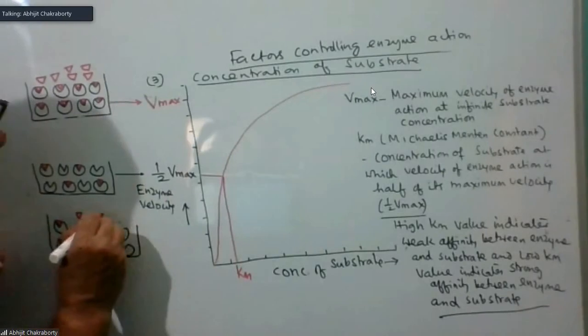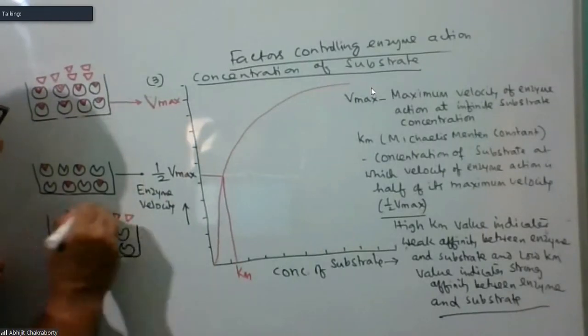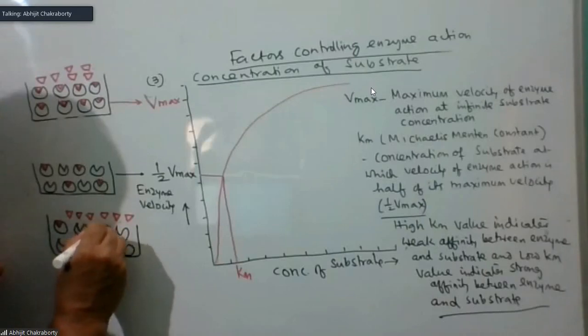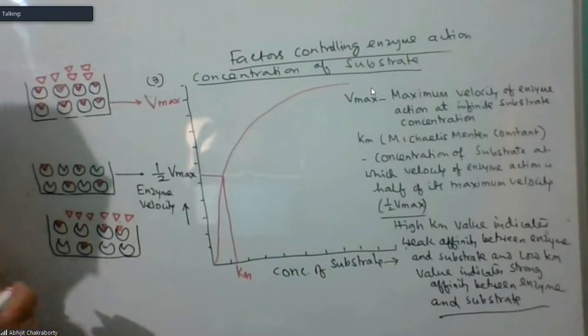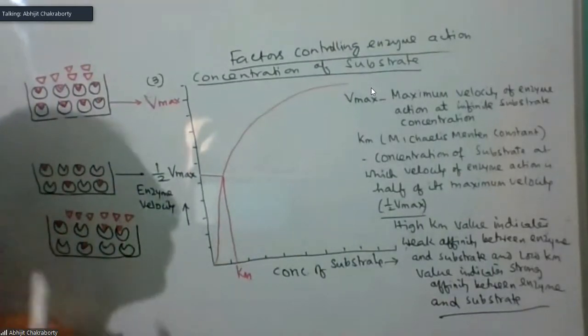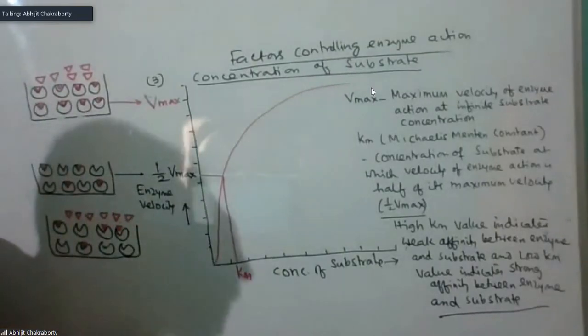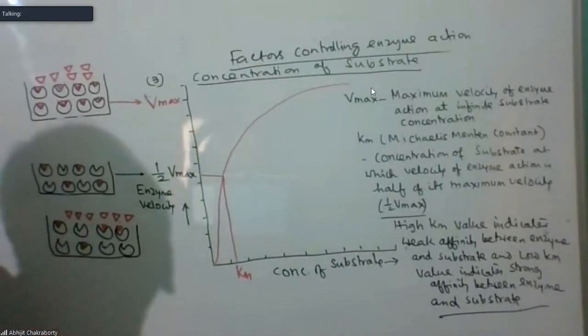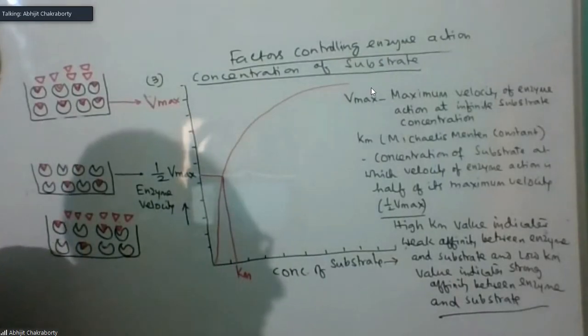Again, you add some more substrate. So only four substrates are required to get half the max, but here, to facilitate occupation of four, suppose 7 or 8 substrates are to be given.